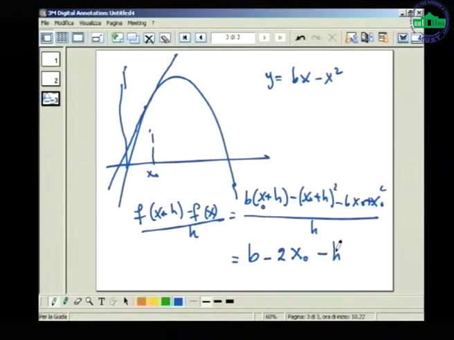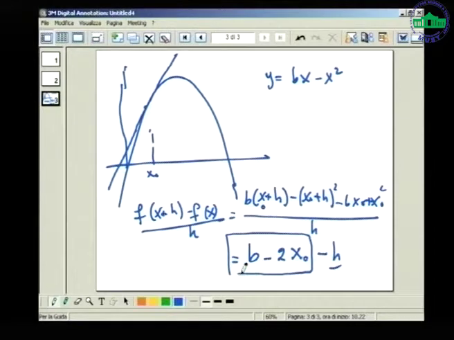Then you discard h, and this is actually the tangent of this angle here, called the slope of the tangent at this particular point x naught. It's equal to b minus twice x naught.